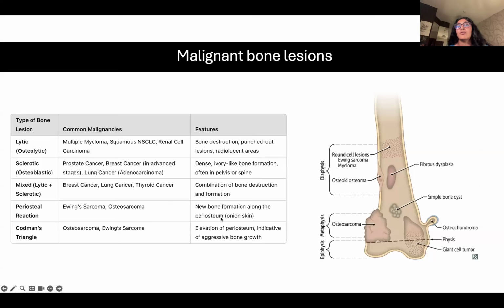For example, if you hear onion skin, think Ewing sarcoma or osteosarcoma, more commonly Ewing's. If you're seeing a sunburst appearance, think osteosarcoma. And this is a summary of what they might look like. Again, really unlikely to give you an X-ray, but it might be helpful just to know what they look like.